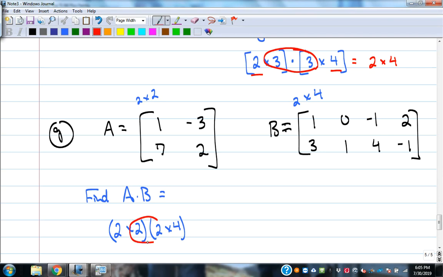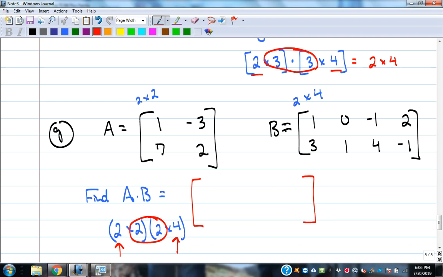The numbers in the middle match, so that means I will get an answer when I do this. Okay? That answer will be a size 2 by 4 because of the outside numbers. So I know I'm going to write something big enough to put a 2 by 4 in there. Okay? What I want to do is multiply that together.